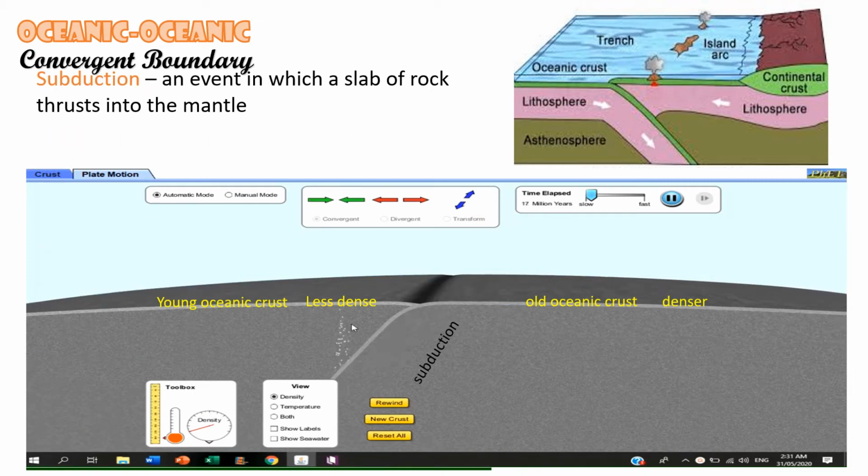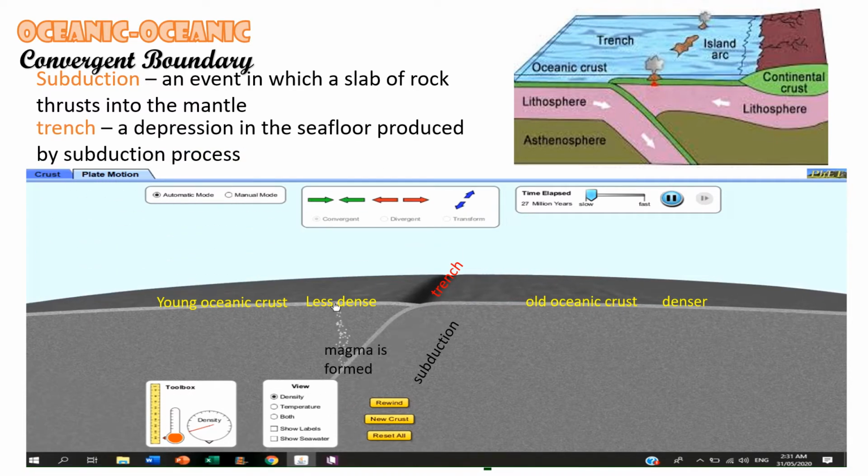And as it undergoes subduction, we know that a trench will also form in the subduction zone. And the slab of rock will be melted and magma will be formed. And this magma will be pushed out and will push the crust and will form volcanoes.